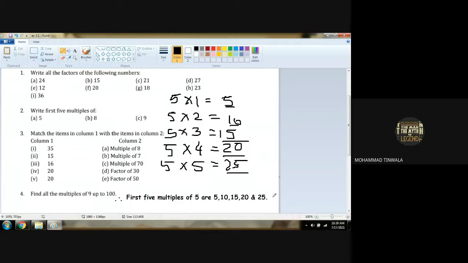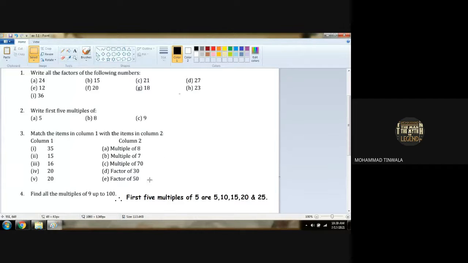Chalo, question number 3. Come on, boys. Match the items in column 1 and items in column 2. First one, 35. 35 is what? Multiple of 8, multiple of 7, multiple of 70, multiple of 30, or factor of 50.